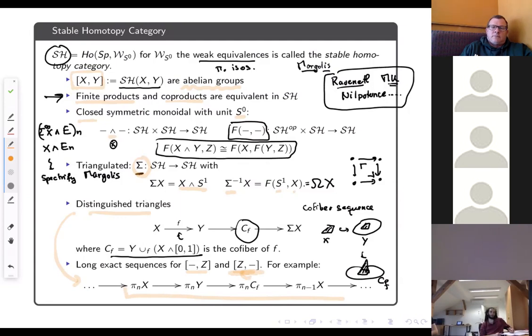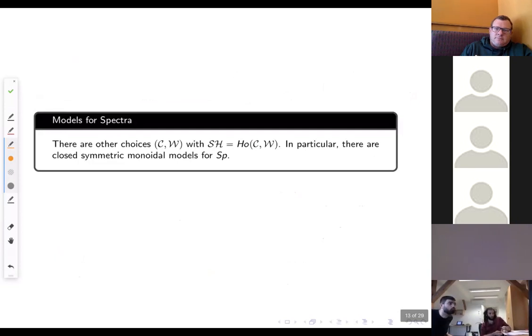So that's the stable homotopy category, or some things about the stable homotopy category. I'm sure there's more that I could have said, but I've picked this list of things to say. All right. So there are many models for spectra. There's EKMM or S-modules, so Elmendorf, Kriz, Mandell, May.